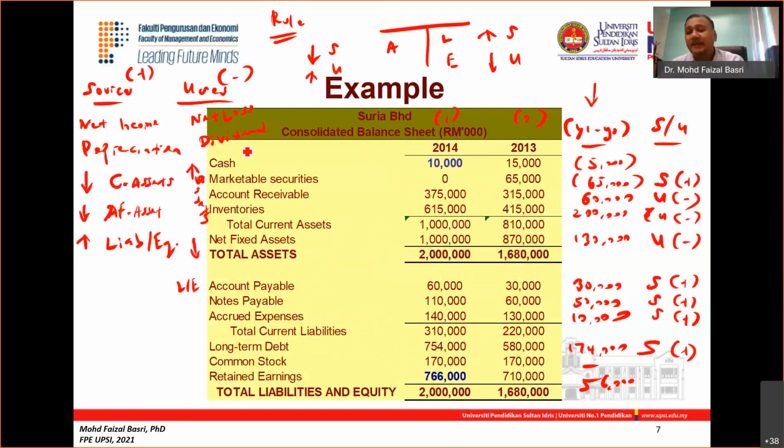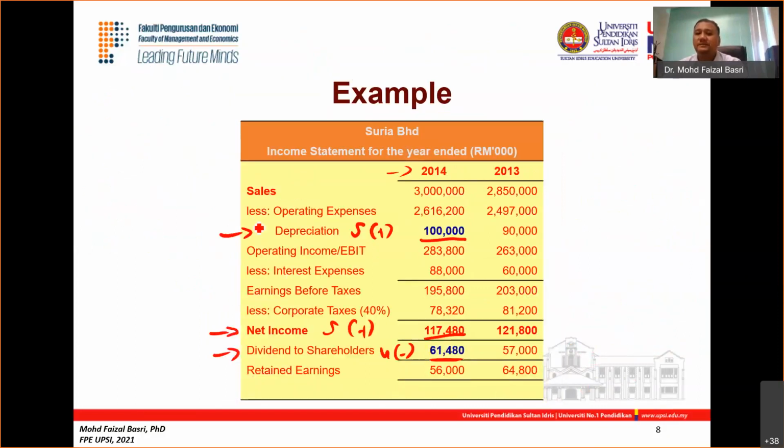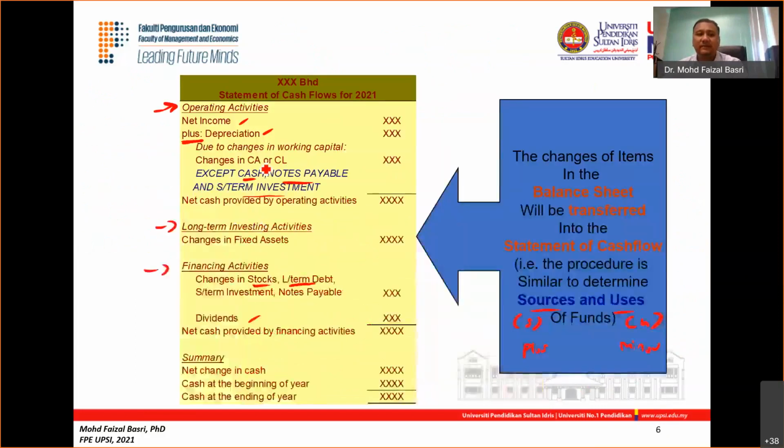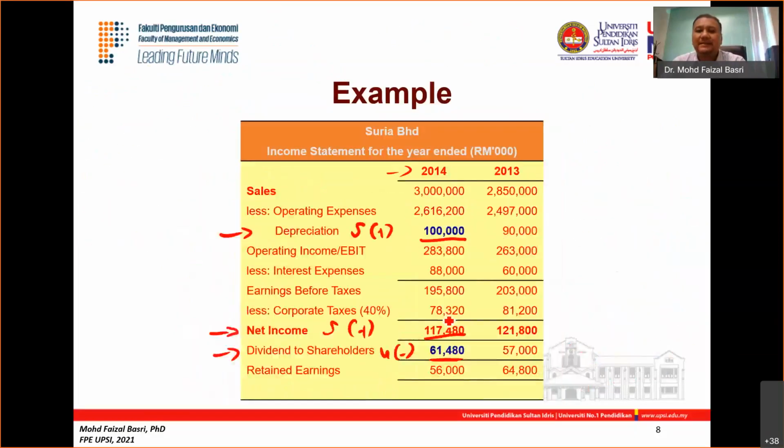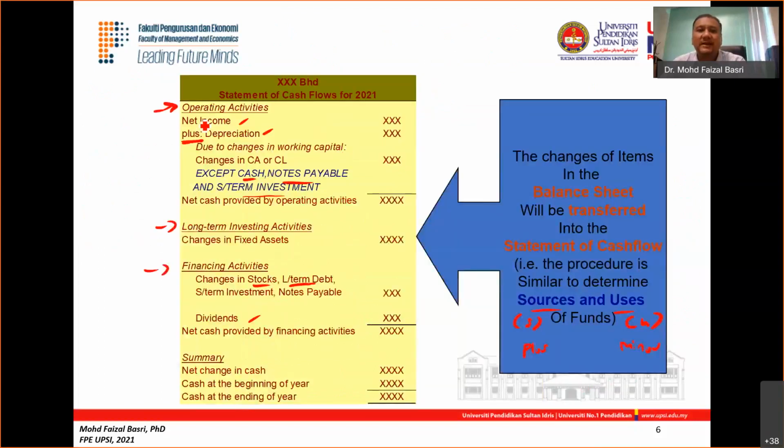Okay, it's gonna be fixed, not change. So that's it. Now you have all the information. Right? If you remember, we have this label just now or this template. Okay, net income, you have the information there, how much was it? For example, 117,480. So you're going to put net income 117,480 here, for example.